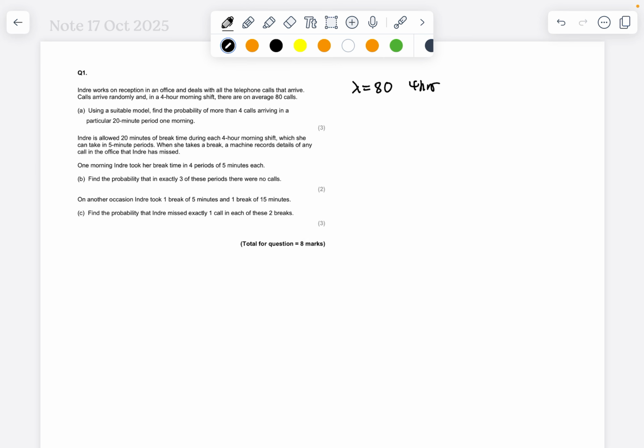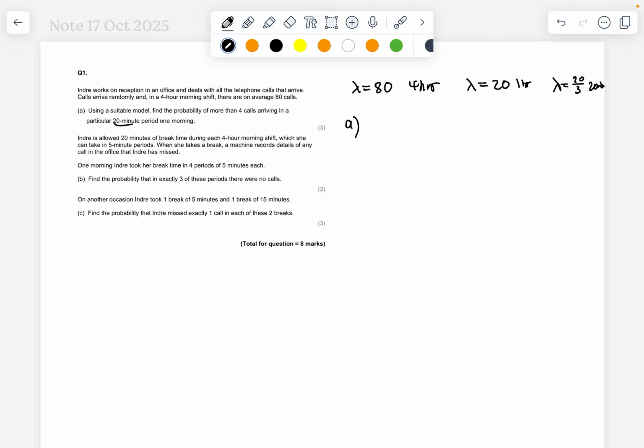Now for A, it says using a suitable model, find the probability of more than 4 calls arriving in a particular 20-minute period. Well, if lambda is 80 for 4 hours, that means that lambda is 20 for 1 hour, and that means that lambda is 20 over 3 for 20 minutes.